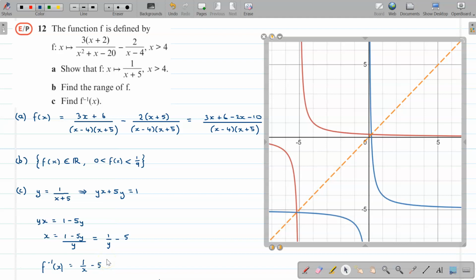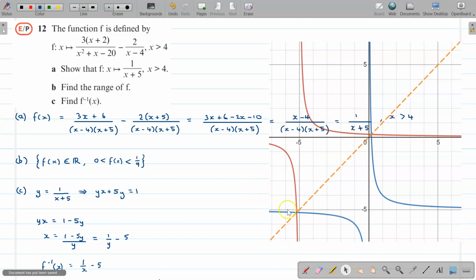So what I'm going to do is consider the fact that the domain of f becomes the range of f to the minus 1. Now the domain of f was x greater than 4.